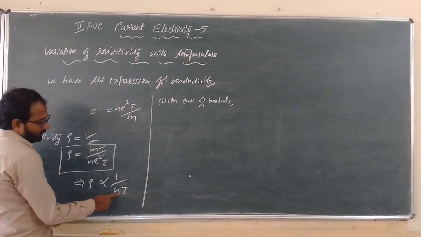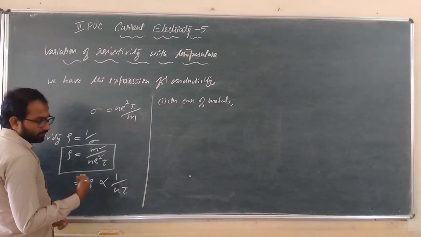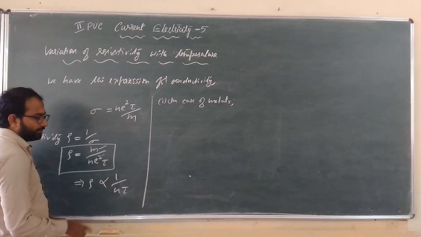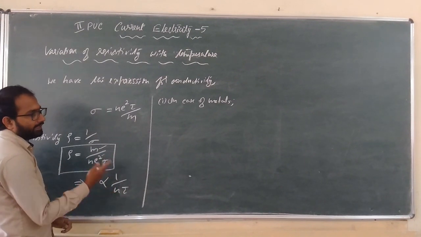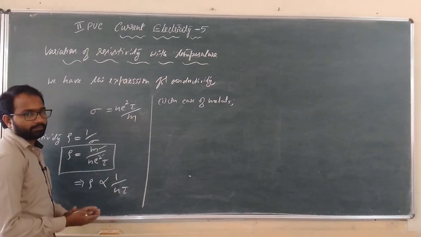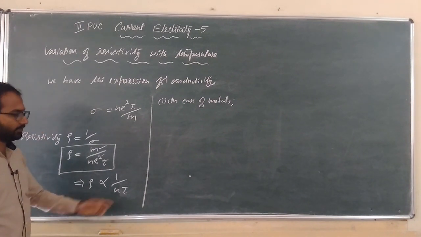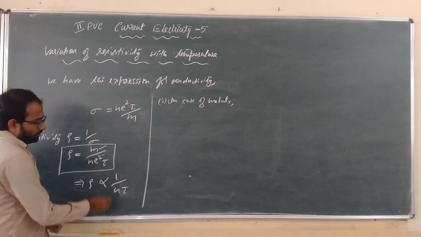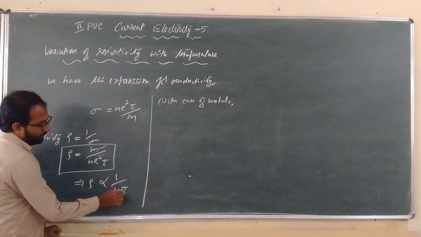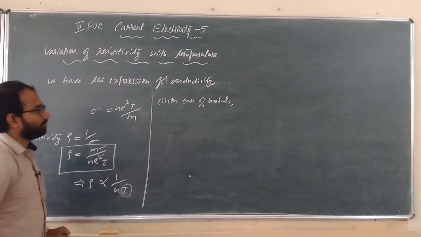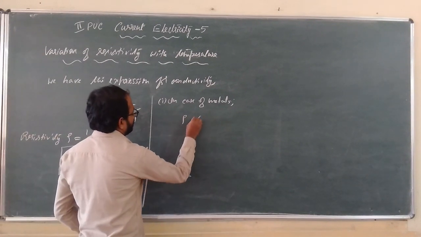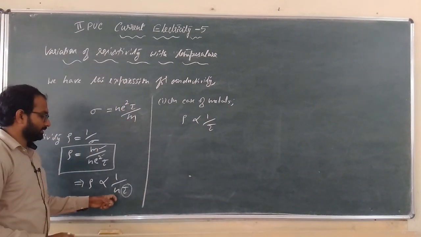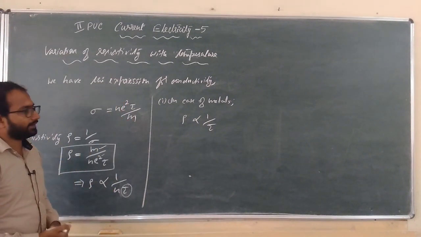The number density of the conductor doesn't change much. It is almost independent of temperature. The number of electrons present per unit volume cannot be changed by merely changing temperature. So in case of metals, rho is inversely proportional to tau, since n cannot be changed by changing the temperature.